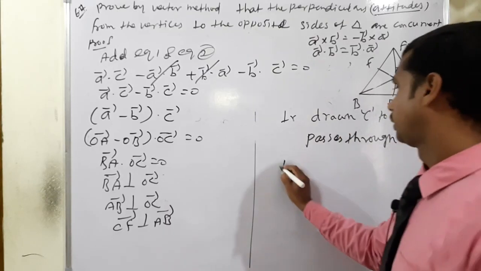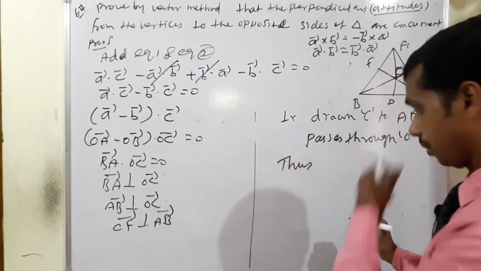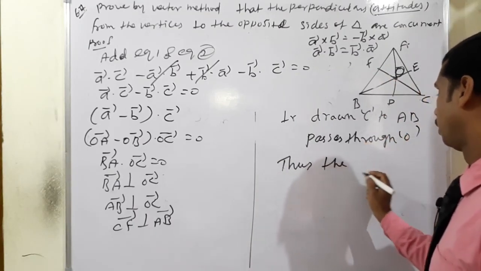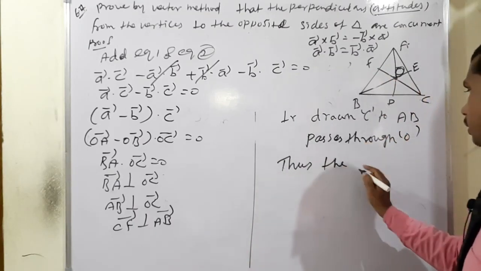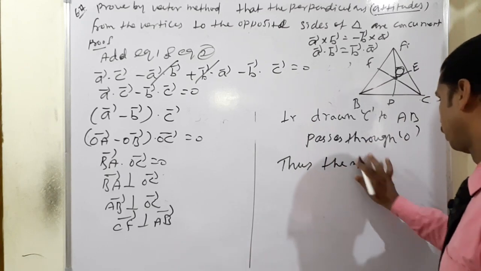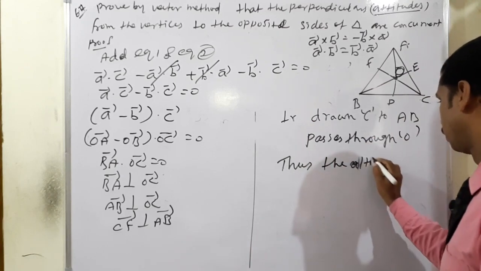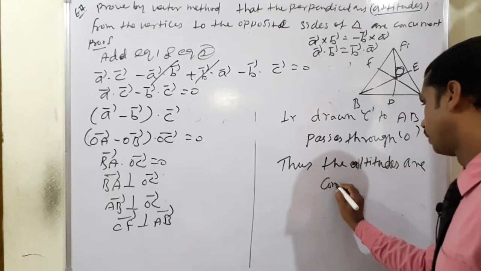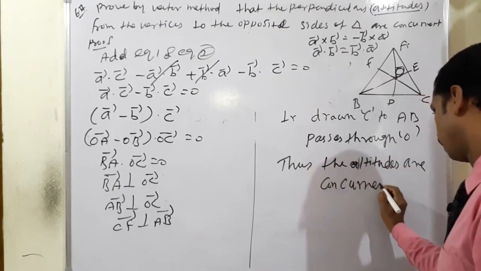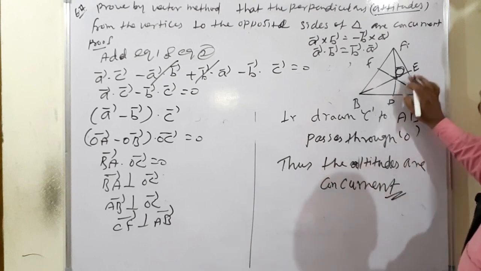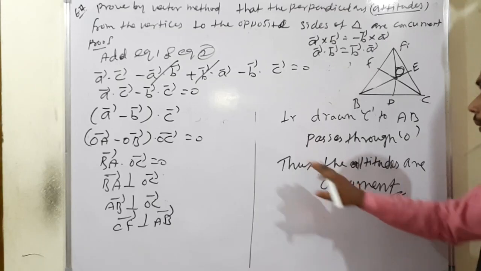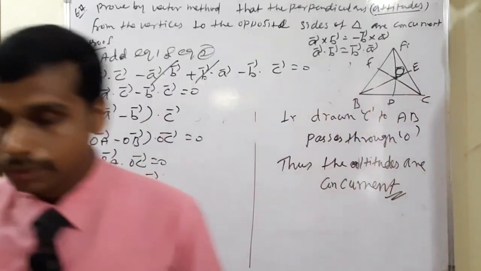Passes through O. Thus, therefore, thus the 3 altitudes are concurrent. Concurrent means all the 3 lines meeting at one point, that is called concurrent. Okay, I proved it also.